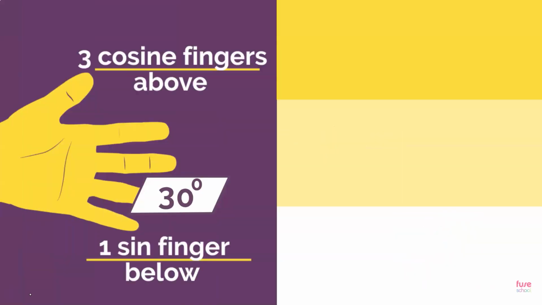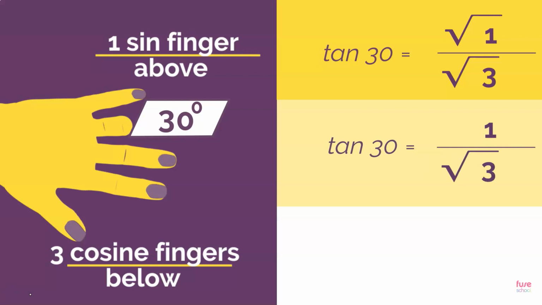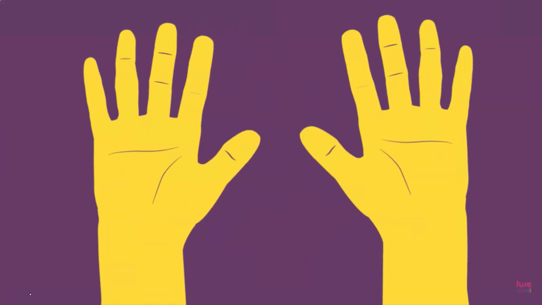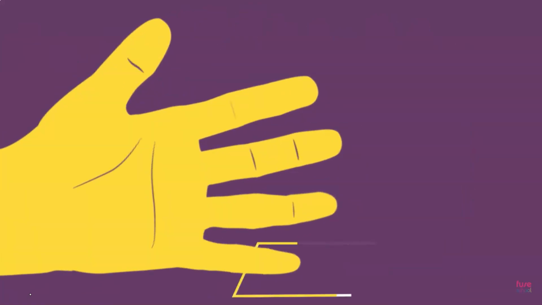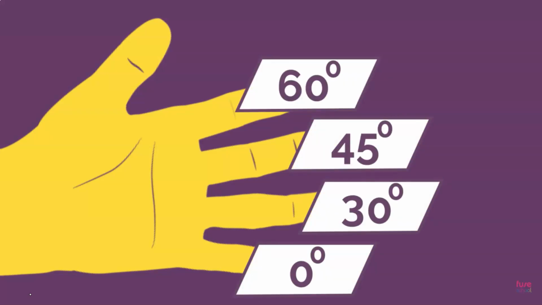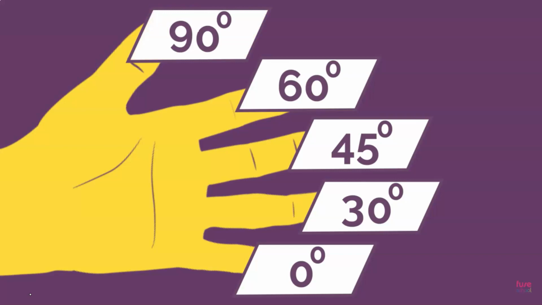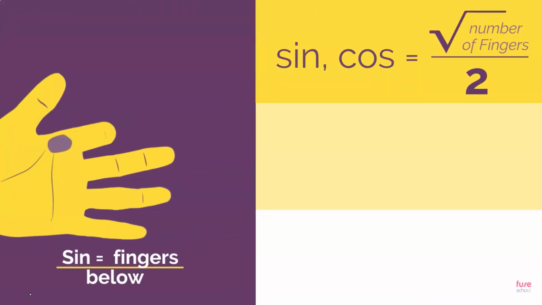Square root of 1 over 3. Did you guess? What should be square root of 3 over 3? Two angles, 45 and 60.